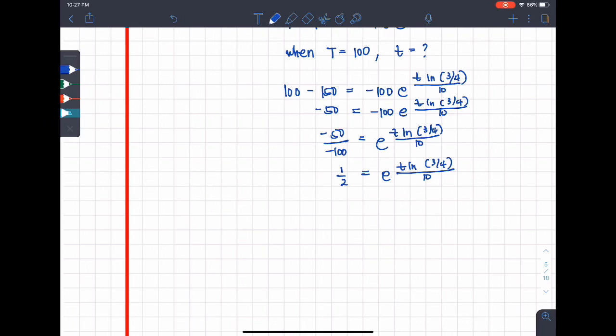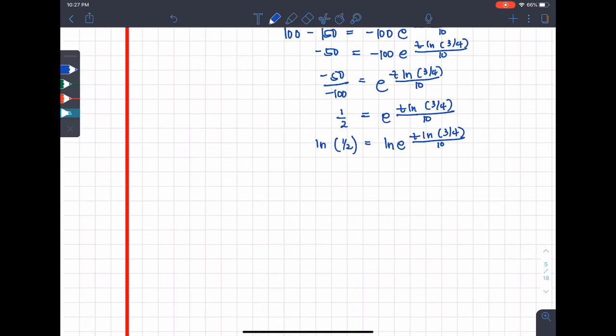So 1/2 is equal to e raised to T ln of 3/4 all over 10. And for us to get the value of T, the exponential function should be removed, so we have to take the logarithm of both sides. So ln of 1/2 would be equal to T ln of 3/4 divided by 10.